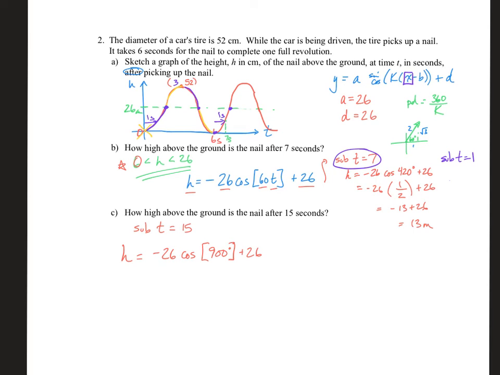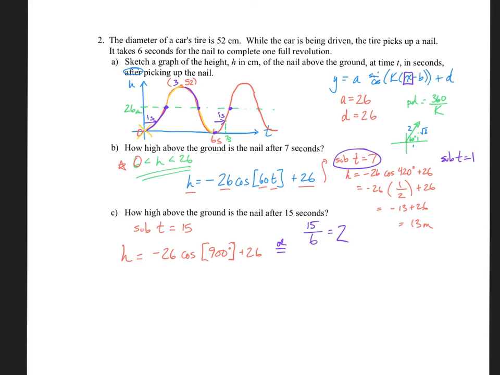And so when I look at subbing t equals 15 in, my other option could have been this. Let's take 15 seconds and divide it by 6 seconds, because that 6 seconds is my period. Then I want to change that into a mixed number. If I divide that 6 into that 15, it goes in 2 full times.